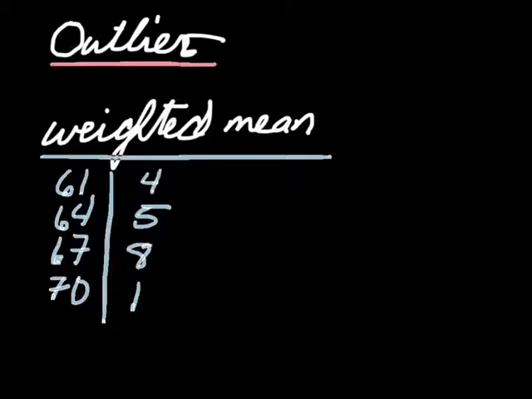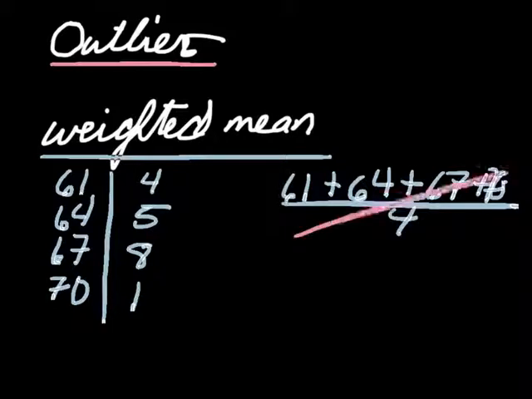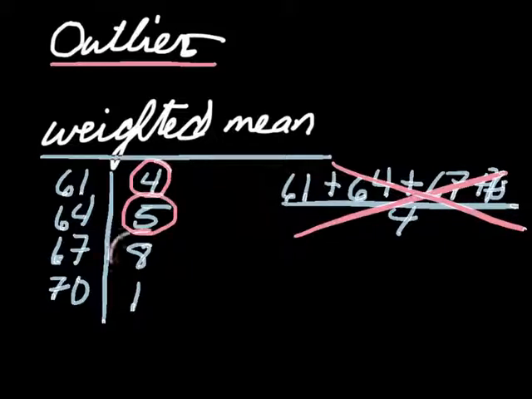Well, I can't just take 61 plus 64 plus 67 plus 70 and add those up and divide by 4 to find the average. That would be absolutely wrong. And why is it? Because I actually have 4 61s and 5 64s and 8 67s.